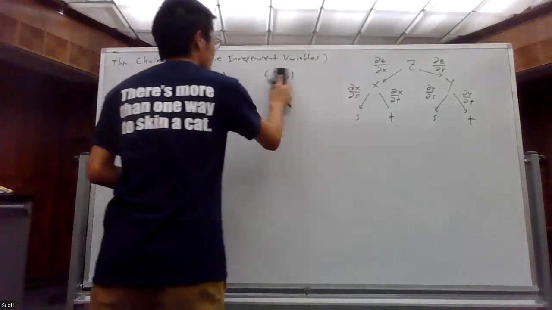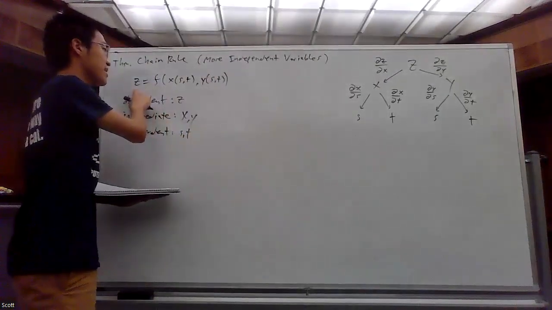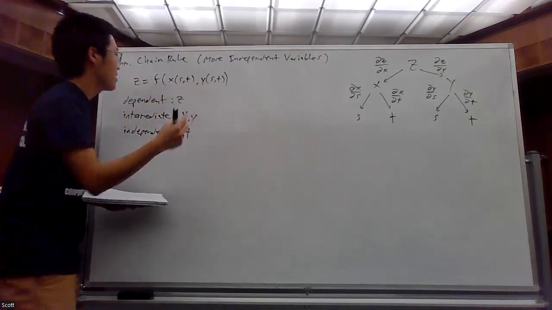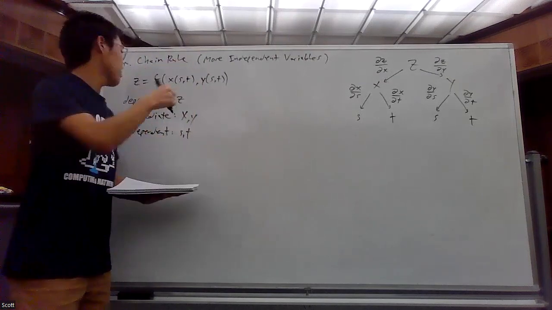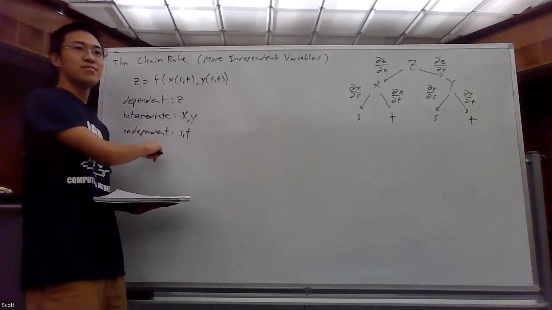So here you could really think of z as actually just being a function of only the s's and the t's. And so there's no such notion now as just a direct derivative from z to any one of the single variables, because there's no longer a single independent variable.